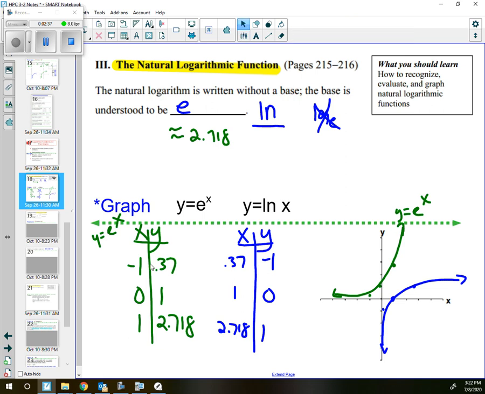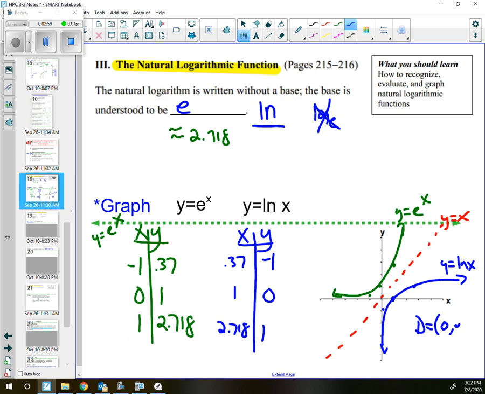And remember the relationship between a graph and its inverse. We have that reflection over the line y equals x. So our symmetry line is y equals x for these two inverses. The blue is y equals natural log of x. So remember some of those important features about this graph. The domain of the blue graph is only the positive values, so 0 to infinity.